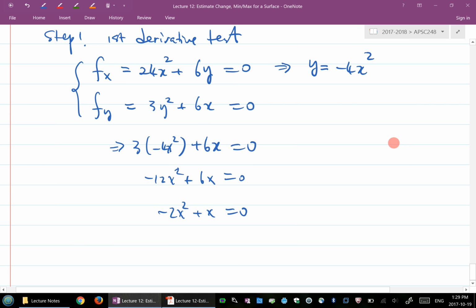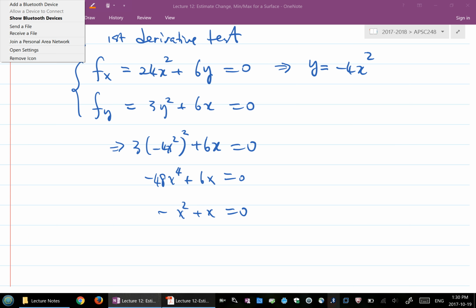Oh, sorry, it's y squared. I missed a square here. This is going to be 3 times 16x to the power 4, so cancel the 6.